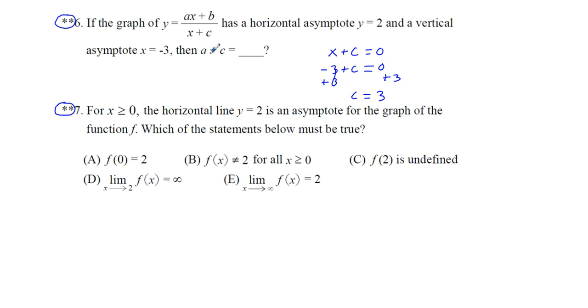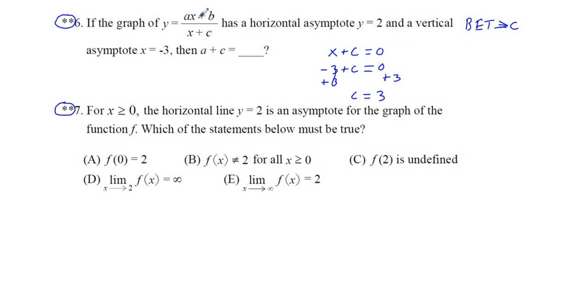Okay, so we want a plus c, and we know we have a horizontal asymptote y equals 2, and we have x down here. So to have a horizontal asymptote of y equals 2, using the principle we talked about, BETC, bottom equals top, use coefficients.